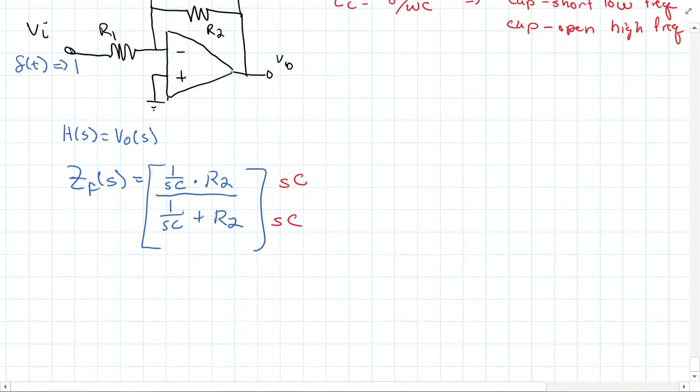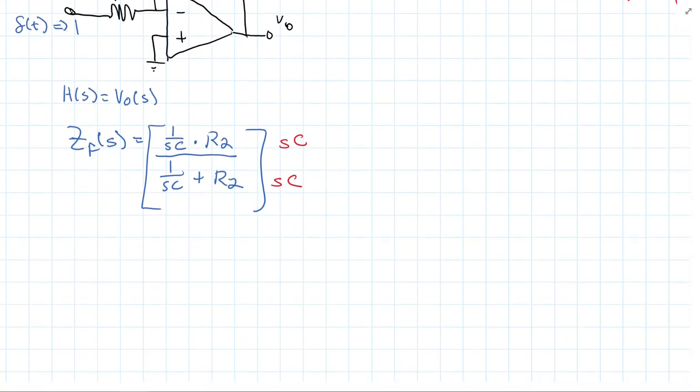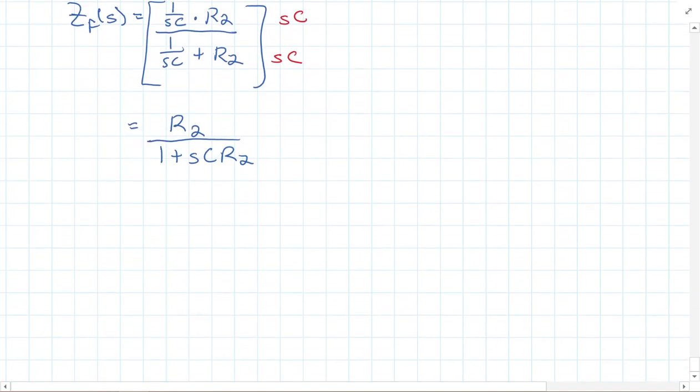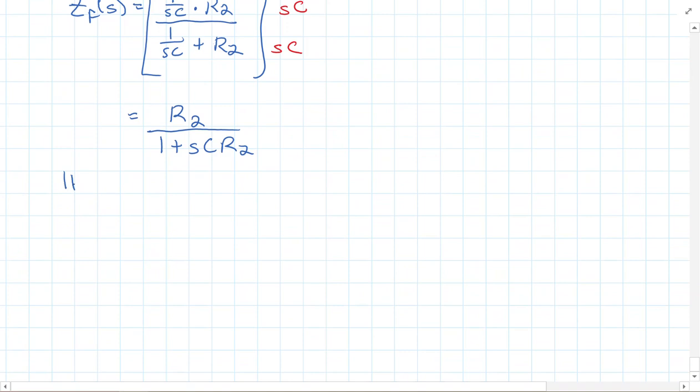And then if I do that, I get that ZF is simply R2 over 1 plus SC R2. So then my transfer function is simply minus R2 over 1 plus SC R2, divided by R1.